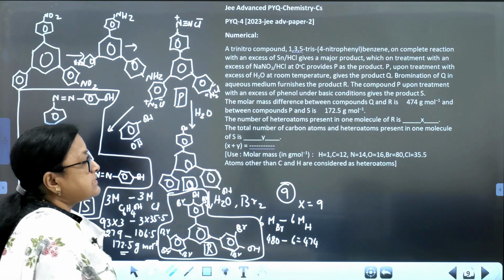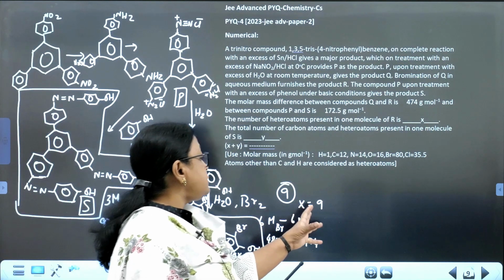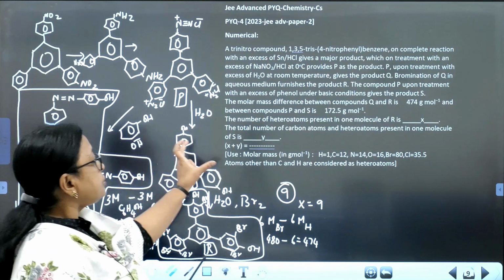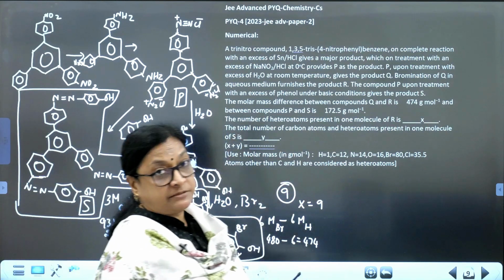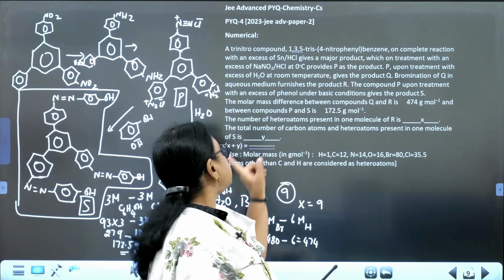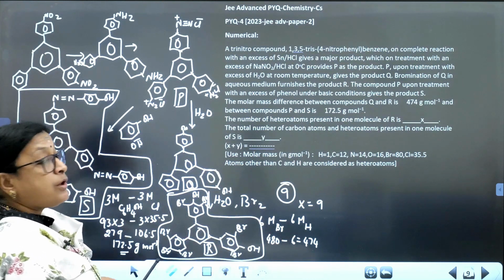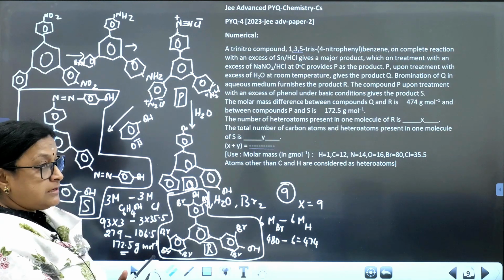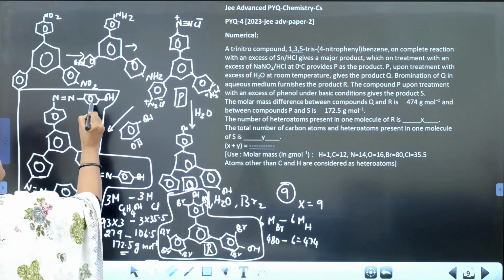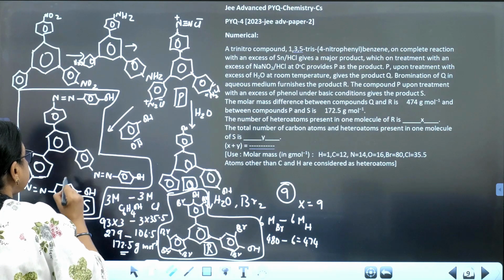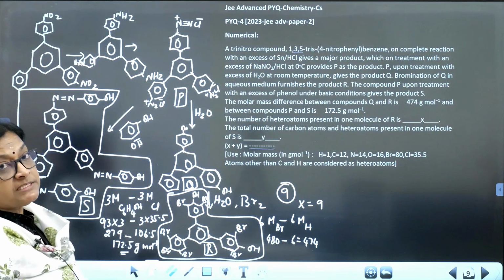R and S. Now in R, the number of heteroatoms is X, which is 9. Coming to S, the total number of carbon atoms and heteroatoms present in one molecule of S is asked. So just count the total number of phenyl rings in this. A total number of 1, 2, 3, 4, 5, 6, 7 phenyl rings are there.